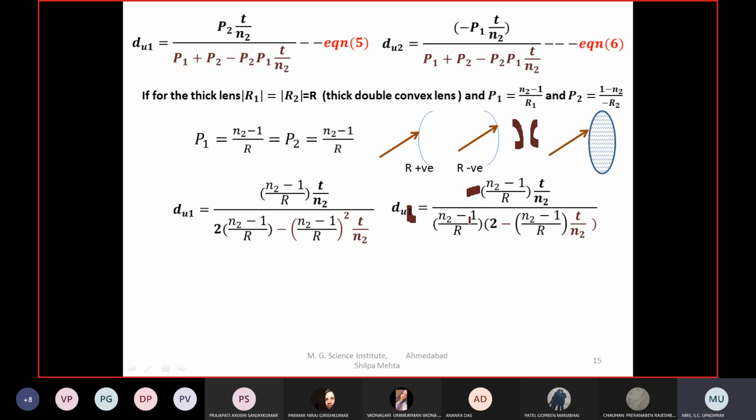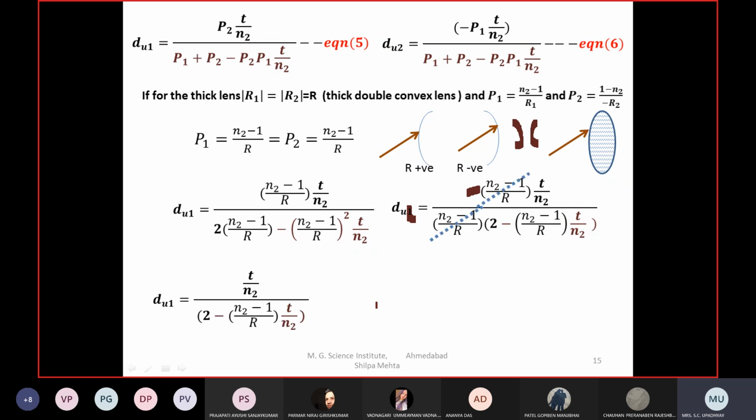And in the bracket, this, તો આનું simplification છે, du1 is equal to n2 minus 1 upon r, t upon n2. Here there is two term, so n2 minus 1 upon r is common. In the bracket there is twice minus n2 minus 1 upon r into t upon n2. In the denominator and numerator there is n2 minus 1 upon r, so it will cancel out.